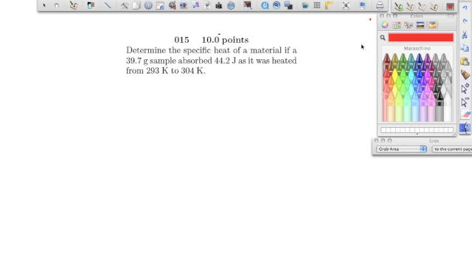Okay, moving on to number 15, it says determine the specific heat of a material if a 39.7 gram sample absorbed 44.2 joules as it was heated from 293 Kelvin to 304 Kelvin. Now in this problem, we see that we have our equation Q equals MC delta T, and I know that I'm using this one because it specifically asks for specific heat.